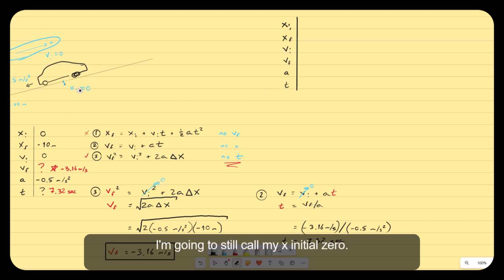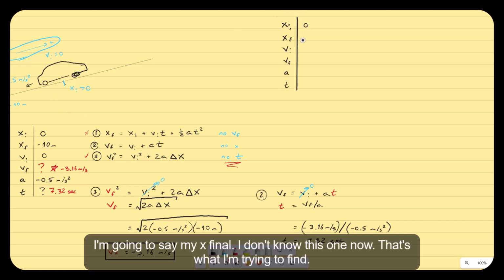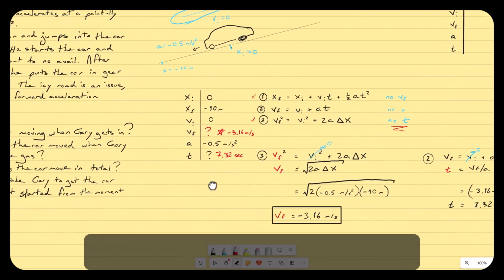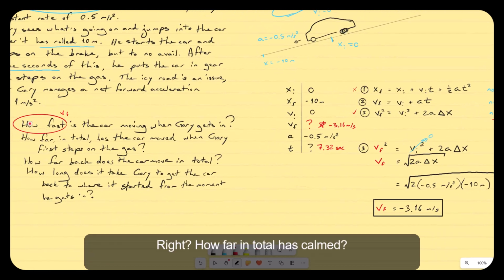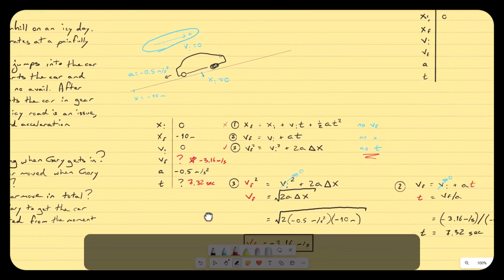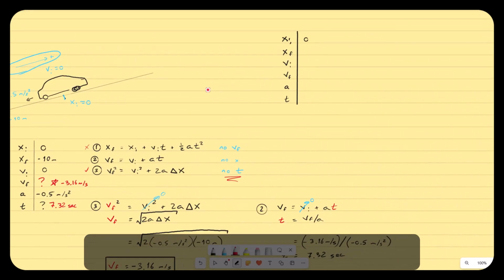I'm going to still call my x initial 0. I'm going to say my x final, I don't know this one now, because that's what I'm trying to find, right? How far in total has the car moved? So I would like x final. I don't know this value, but I'd like to.